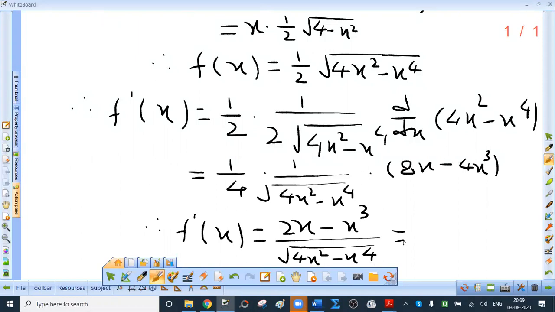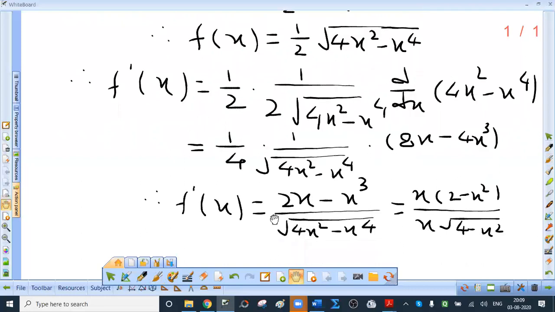Not only that, I can write this as, if x is taken common, then further I can say 2 minus x square, and what about denominator? It is x, back to original, x into root 4 minus x square. Then you will ask me, sir, then why to write as root of, so that differentiation becomes easy.